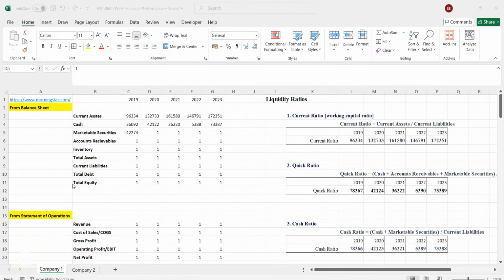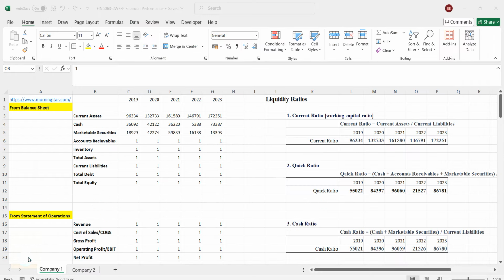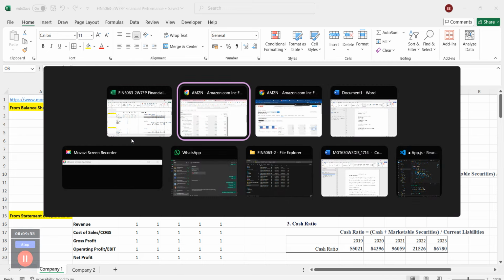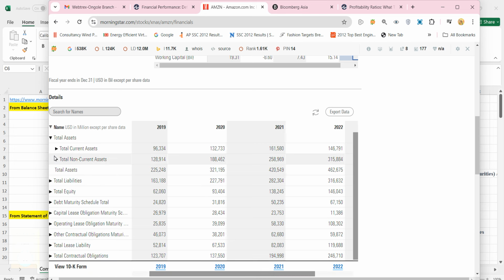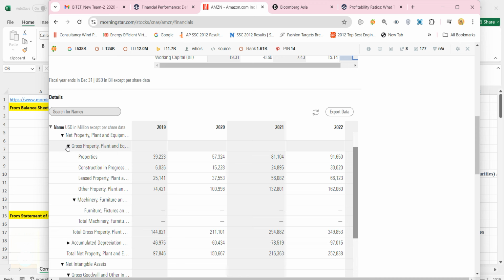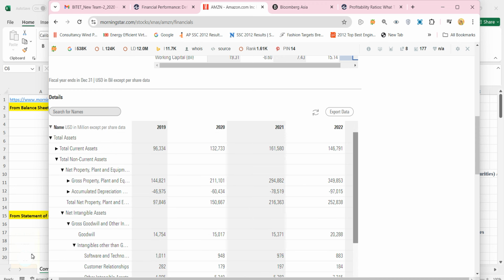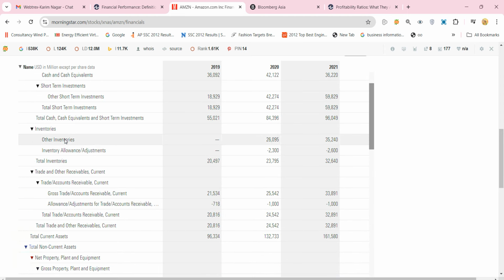Then let me add the remaining values. Now I've added marketable securities, which is short-term investments. Then I will go with accounts receivable. Let me check accounts receivable. Under total current assets, you will see trade and other receivables.